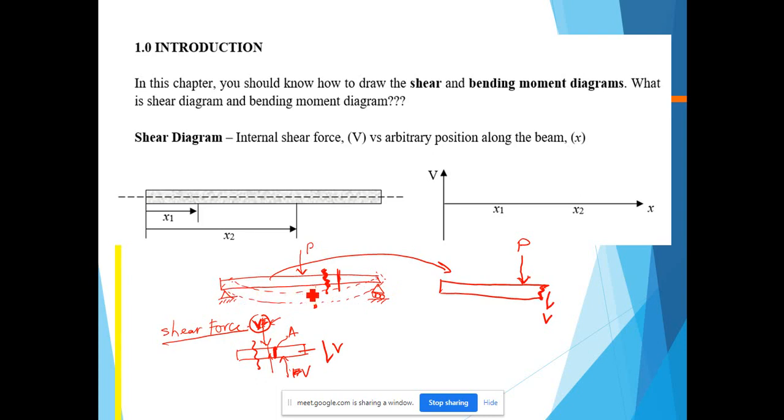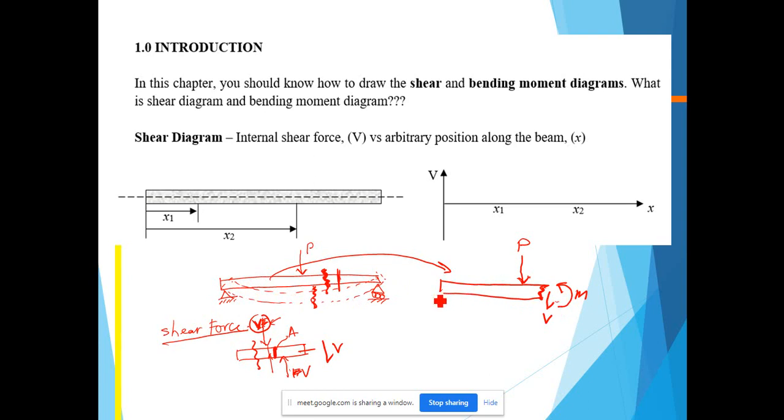So what is the force that causes the beam to bend? Of course, we have the bending moment. This force basically causes the material to bend.